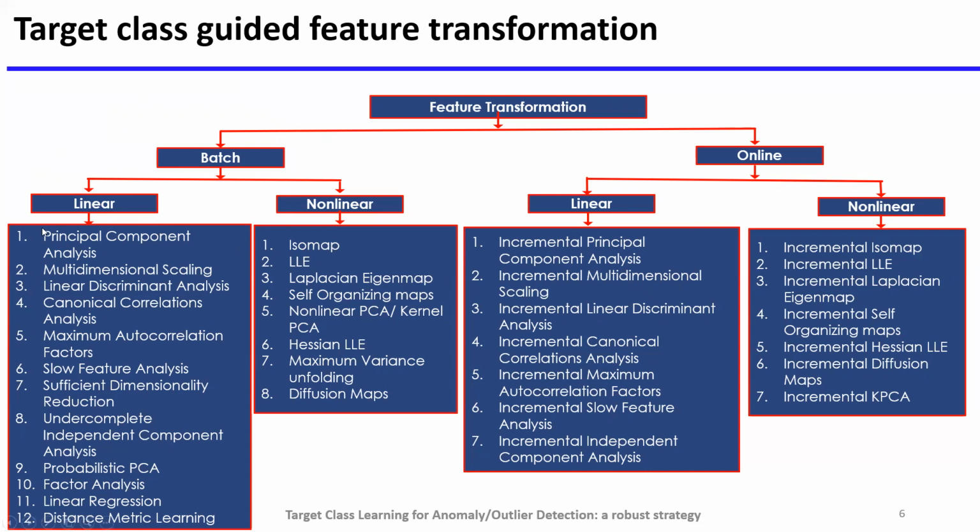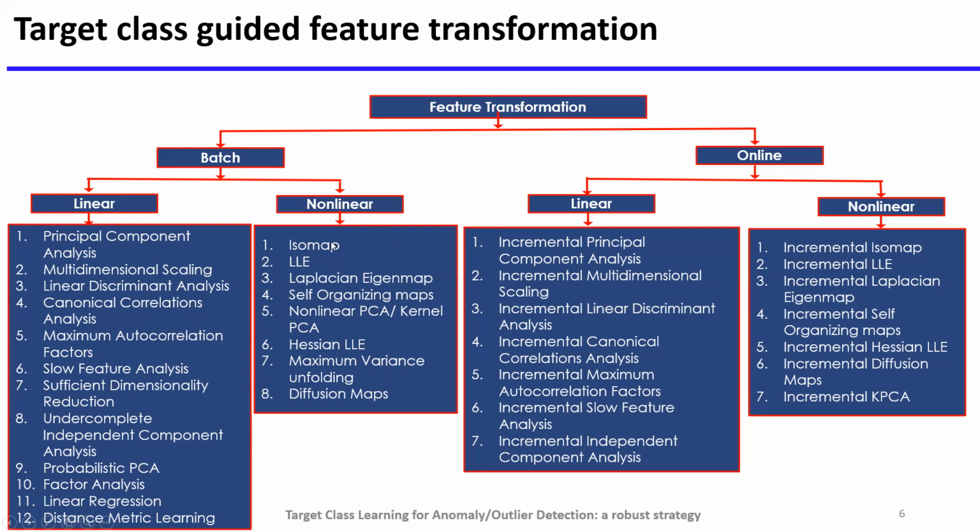If you see the categorization here, the types of linear feature transformation techniques include PCA, MDS, LDA, and many more.